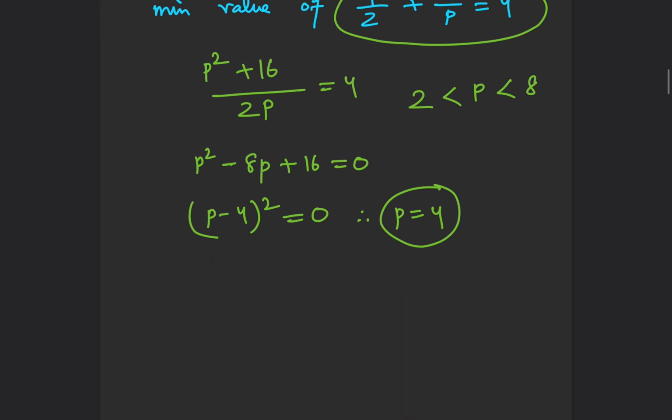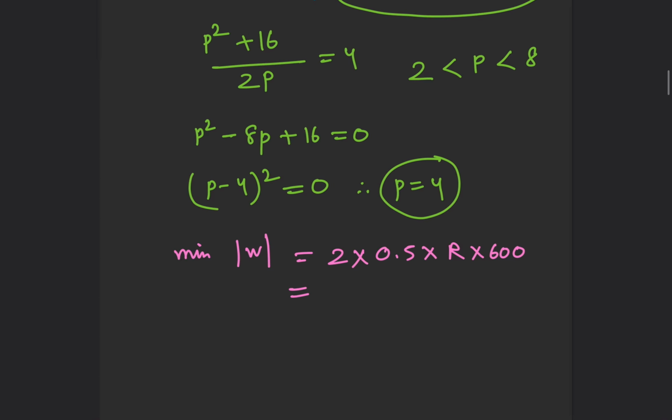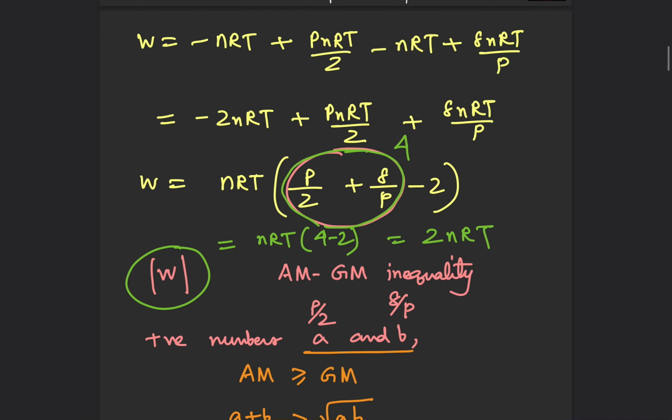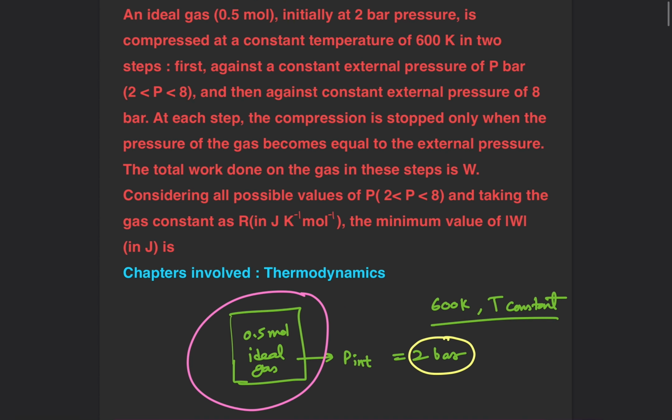Okay, so therefore minimum magnitude of work done will be equal to 2 into number of moles, which is 0.5, into R into 600 Kelvin, which is the temperature. So this comes out to be 600 R joules. Okay, so therefore the final answer, that is the minimum value of magnitude of work done, is 600 R joules.